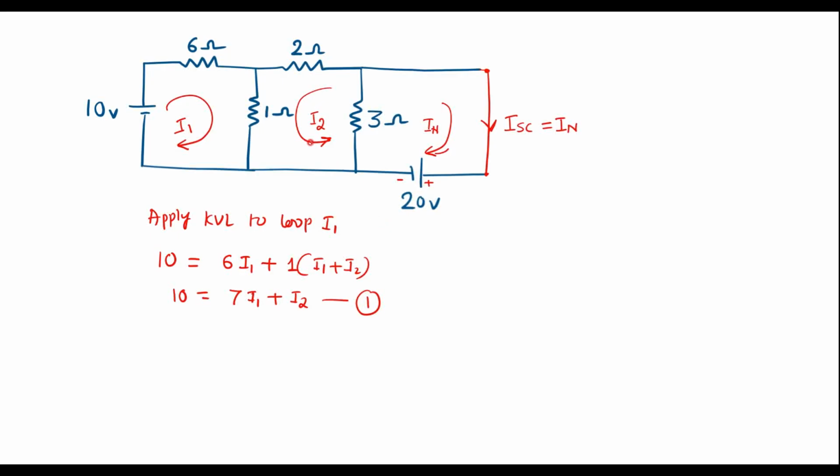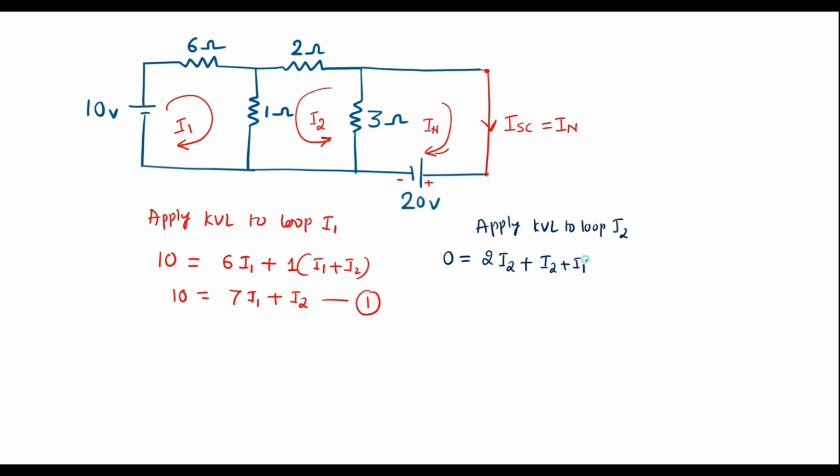Similarly, now let me apply KVL to loop I2. There is no voltage source, so 0 equal to voltage across 2 ohm is 2I2 plus voltage across 1 ohm is I2 plus I1.